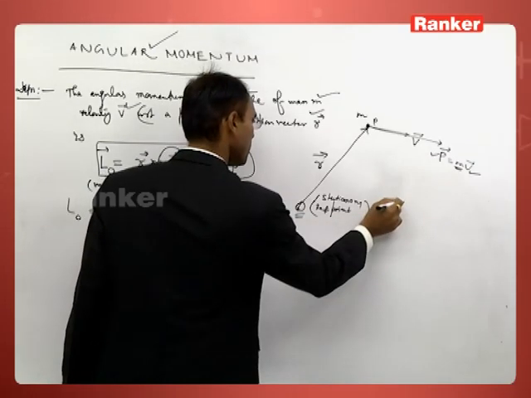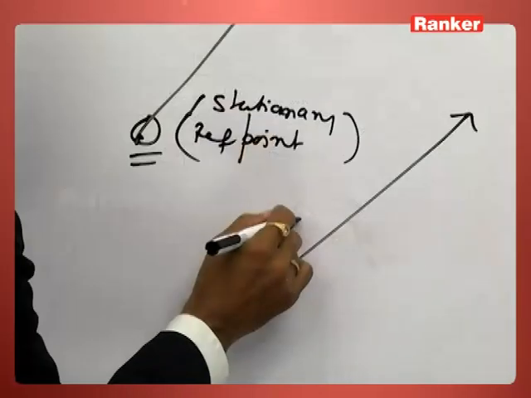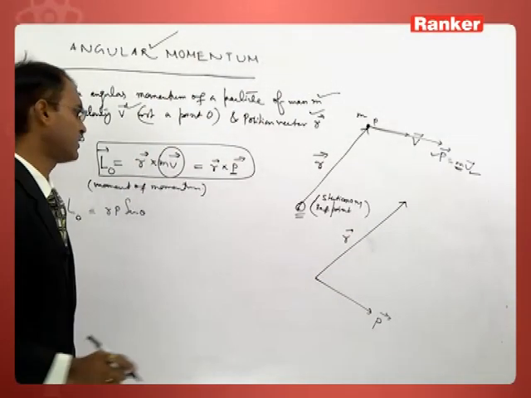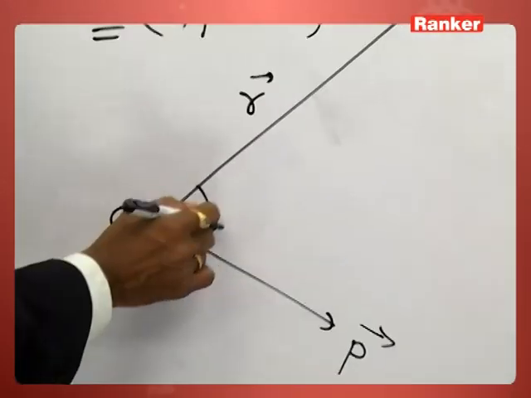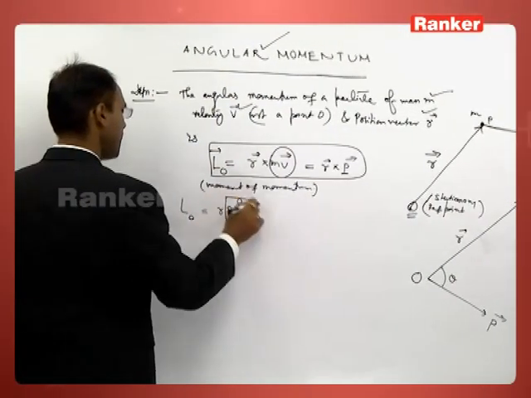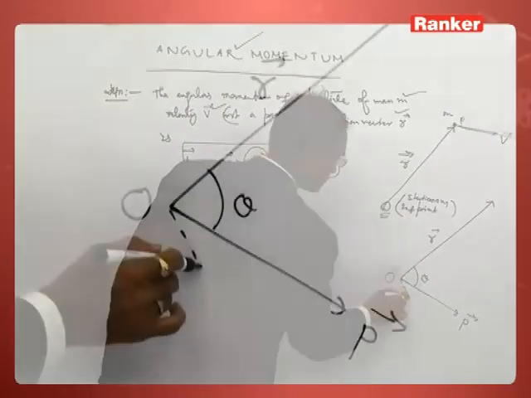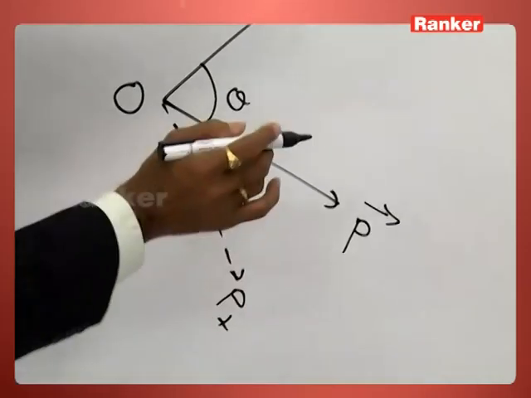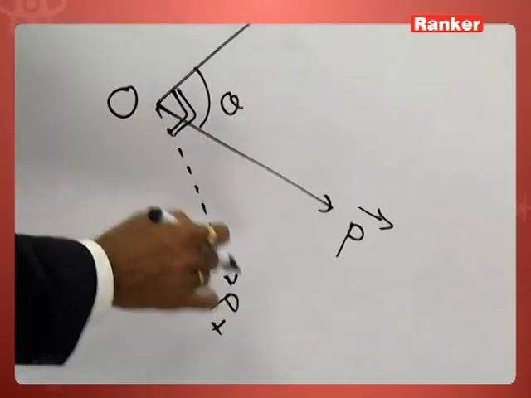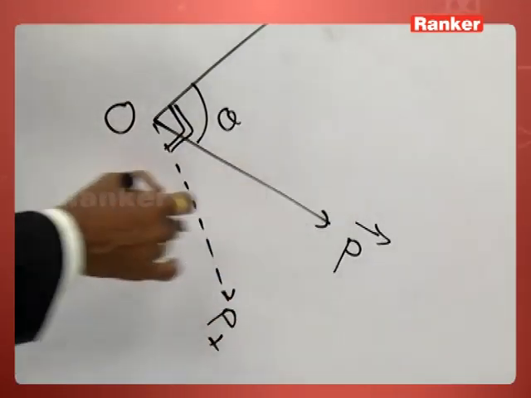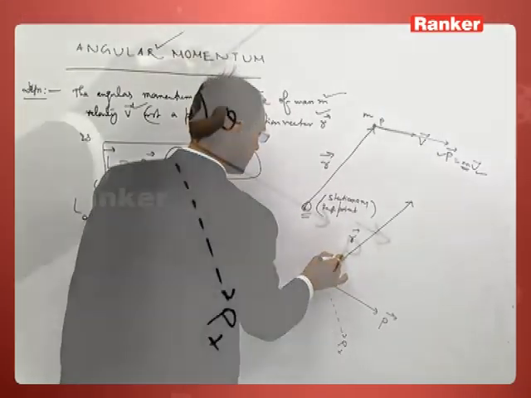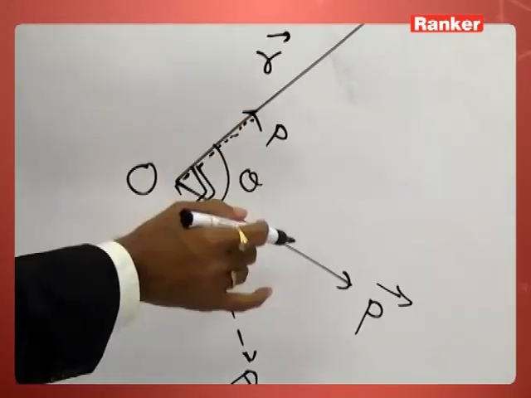Bring the tails of these two vectors, vector r and vector p, to the same point, and the angle between these two vectors is theta. p sine theta is perpendicular to the r vector. This is the perpendicular component of the linear momentum onto the r vector, and there is a parallel component also, called p parallel.